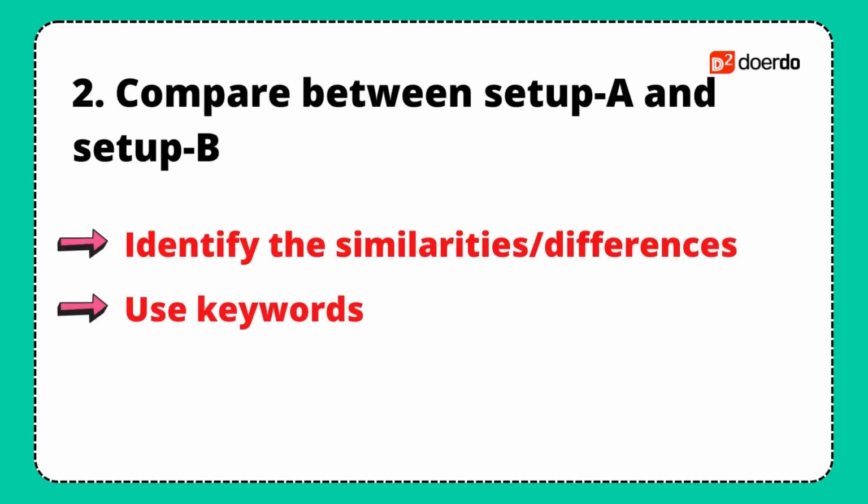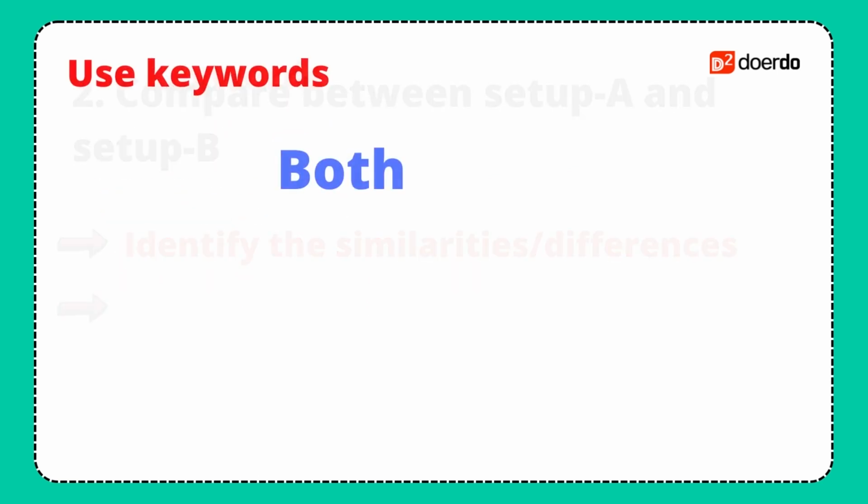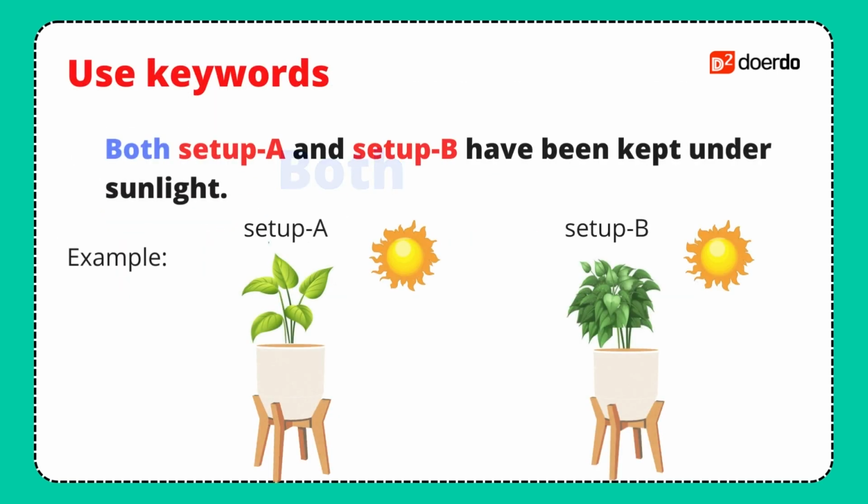Then, you can use some keywords. What are the keywords? You can use words like both. For example, both setup A and setup B have been kept under sunlight. Something done in photosynthesis is kept under sunlight. So this is the similarity.